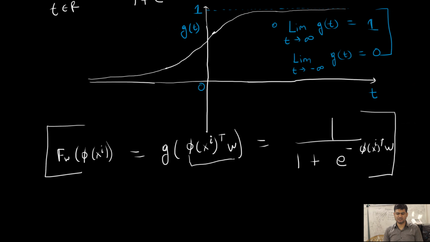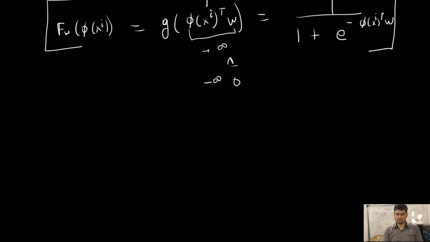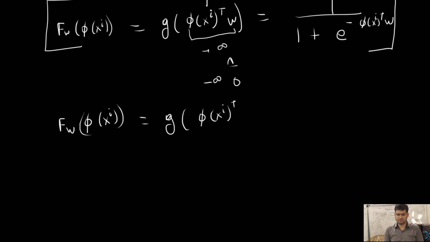As phi of xi transpose w approaches infinity, the limit of g is 1, and as this approaches negative infinity, the limit of g is 0. So it satisfies that property. So here fw of phi of xi is simply g of phi of xi transpose times w, which equals the conditional distribution of y given xi, parameterized by w.